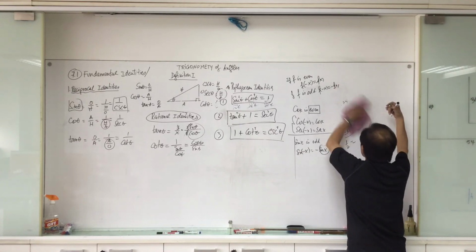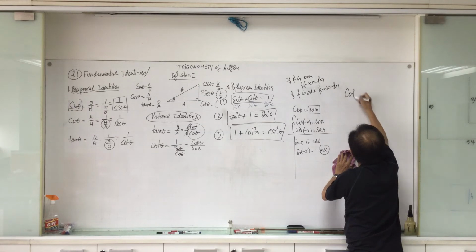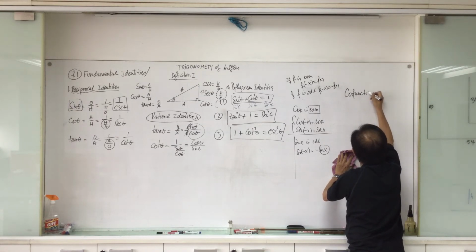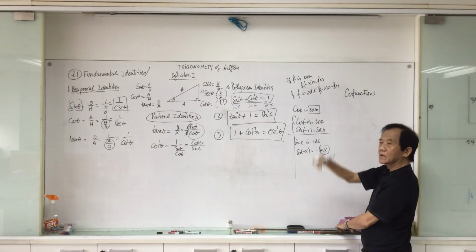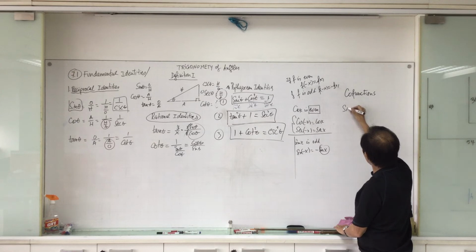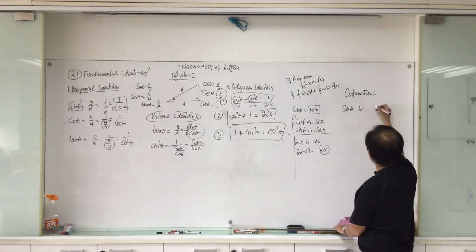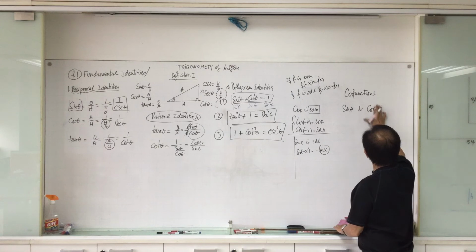Okay, finally, cofunction. Okay, so now first of all, which one is a cofunction, and what does it mean? So I have sine theta. So the cofunction of sine theta is cosine theta. Okay, we shorten it to cosine theta.